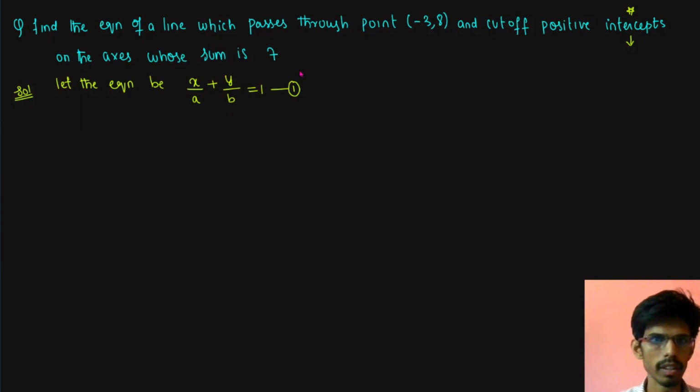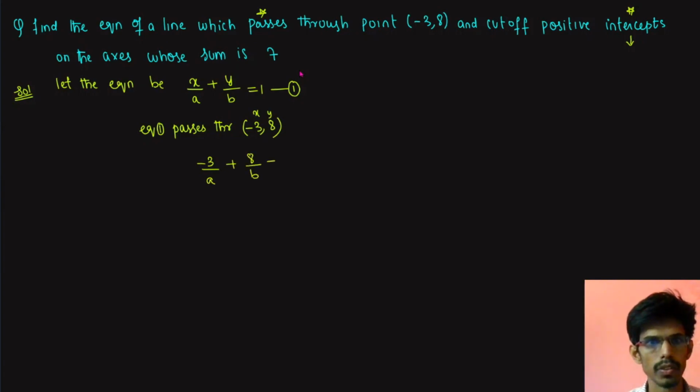Now one more thing in the question here, he said passes through. So equation 1 passes through minus 3 comma 8, means take this as x and this is y. Put these values in this equation 1, I'll get minus 3 by a plus 8 by b is equal to 1.